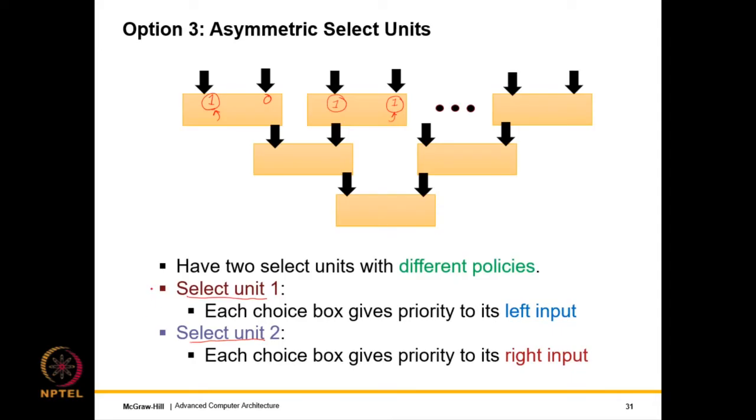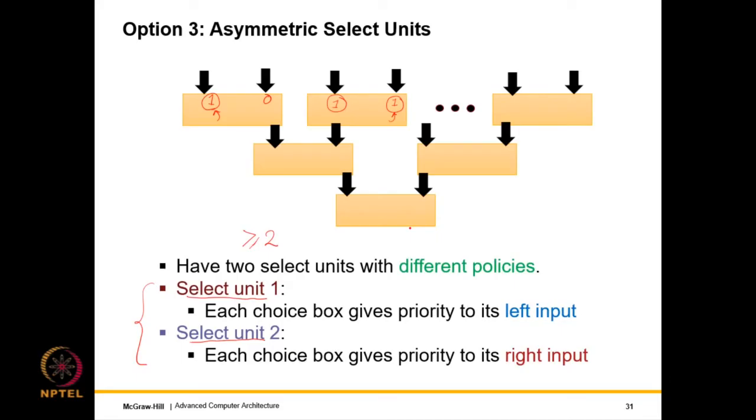It is possible to prove, and in fact I would like to invite you to prove the following, that if I were to design a select unit in this fashion, and if greater than or equal to 2 request lines are positive, both the select units will never make the same choice.